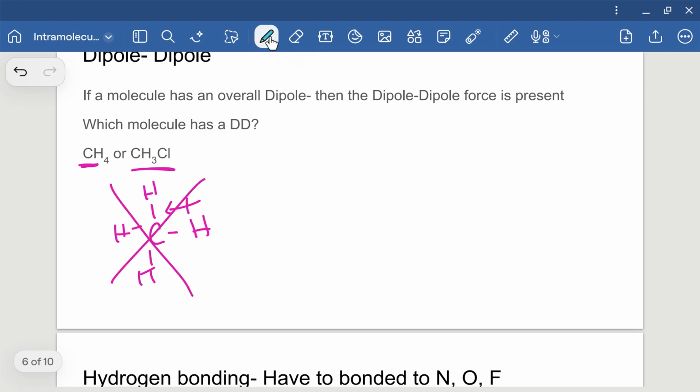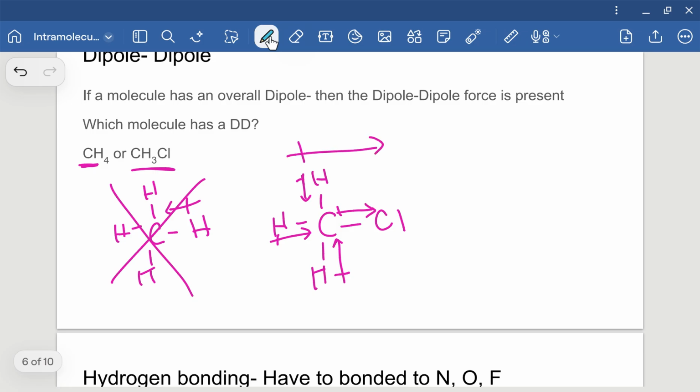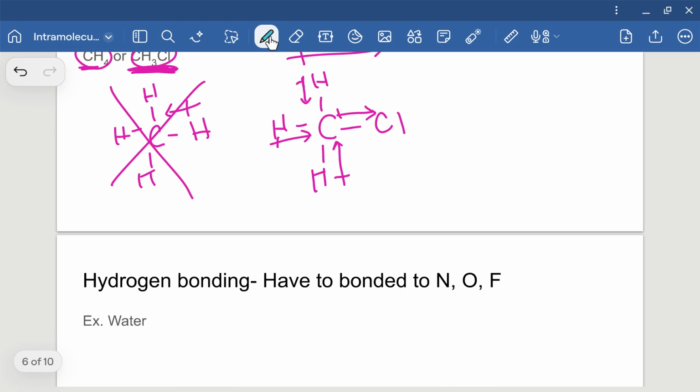So this is not a polar molecule, but if we drew out CH3 and then had one thing different on the outside, like chlorine, then we now have a dipole, because as we take a look at our molecule, the hydrogens will lose their electrons to carbon, and all carbons, in a sense, will be losing their electrons to chlorine. So this gives your overall molecular dipole going from left to right. And both of these molecules would have LDF forces, but this one now would be the stronger one because they also have dipole-dipole forces present.